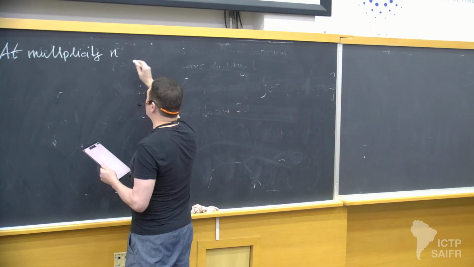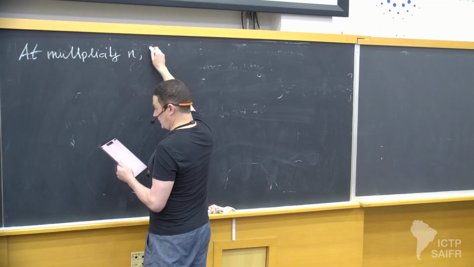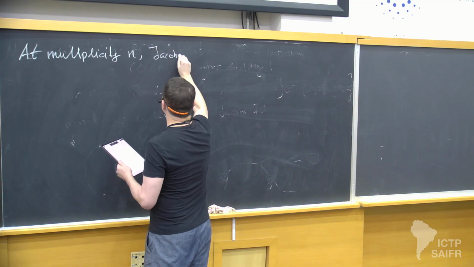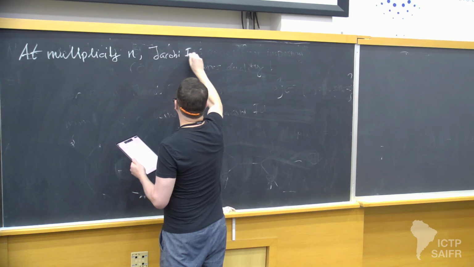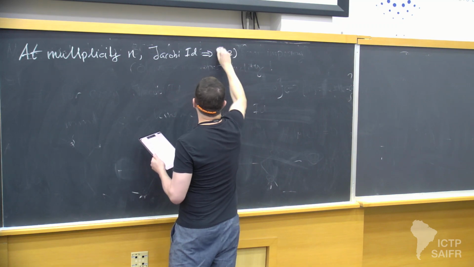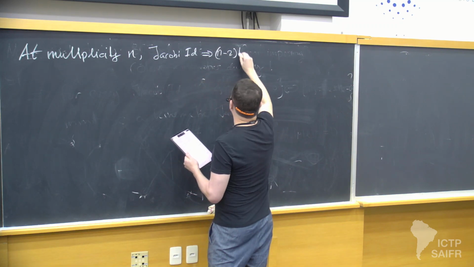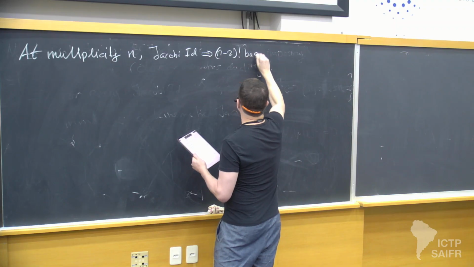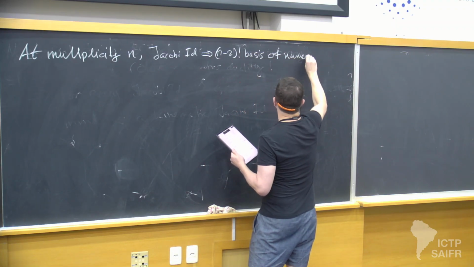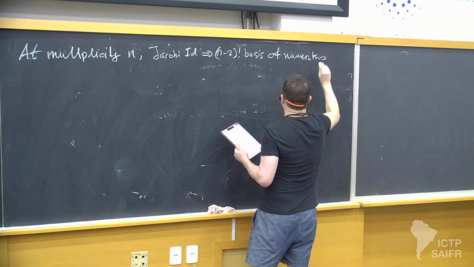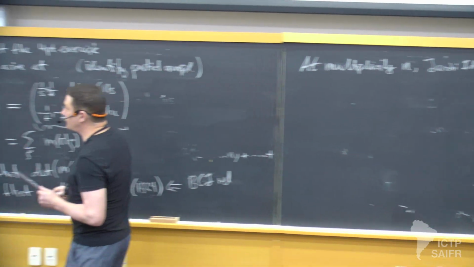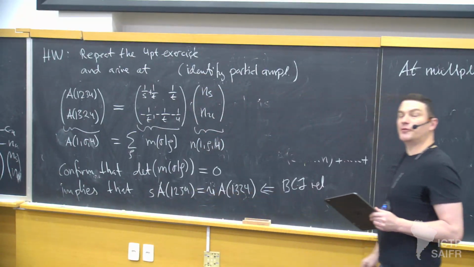And then you can show that using the Jacobi identity, this takes you down to an n minus 2 factorial basis of numerators. Well, that's not hard to understand because that was true for the color factors.